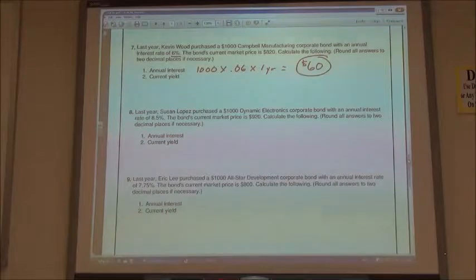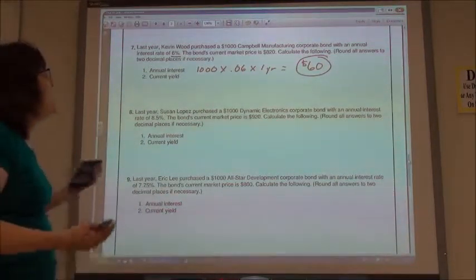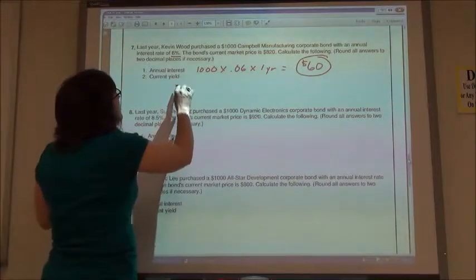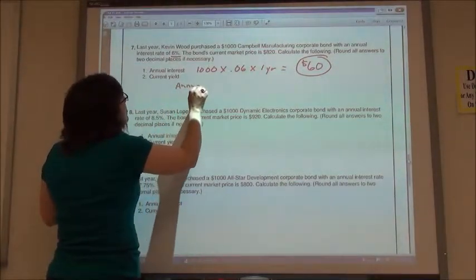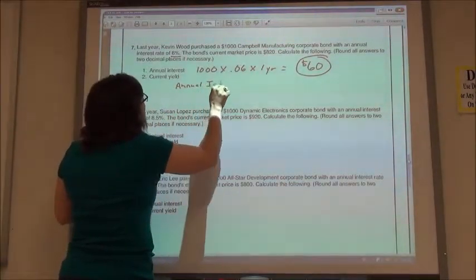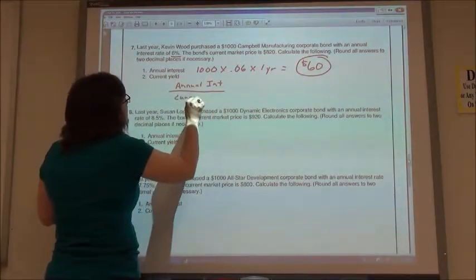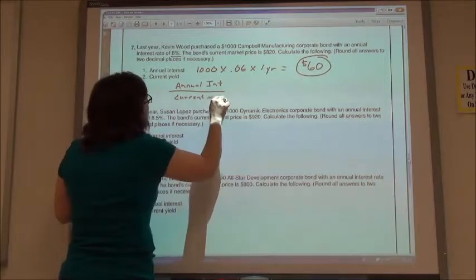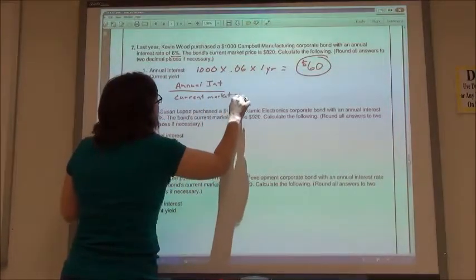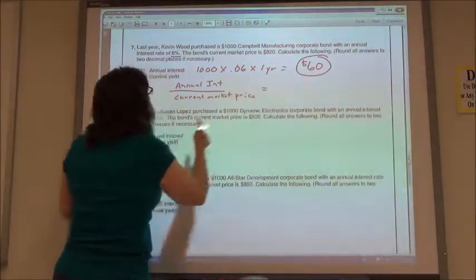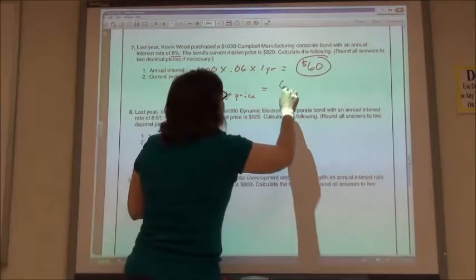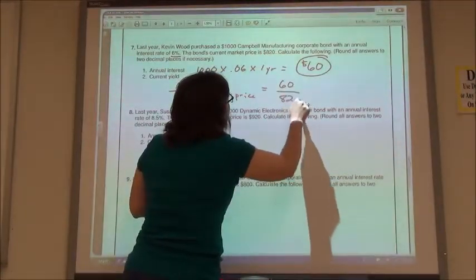And then they want to calculate the current yield. In the table before, they had the current yield, but when you calculate the current yield, you're taking your annual interest divided by the current market price. So to calculate the current yield, we're going to take the 60 and divide it by the 820.